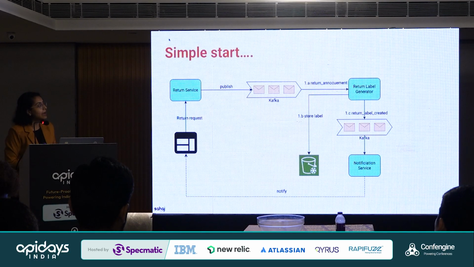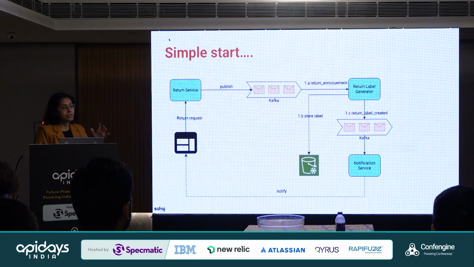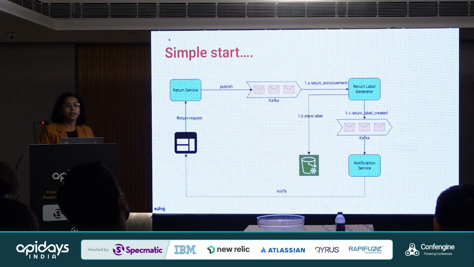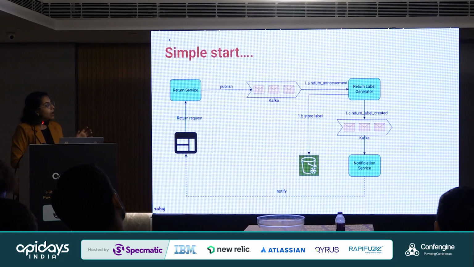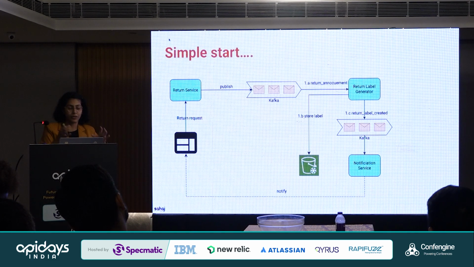And then the Kafka event, which was the return announcement event, was consumed by the return label generator, which then generated the label and stored it in S3. Once the label was generated, a notification message about the generation of the label was sent, which then notified the customer that things are working fine. You have got your label and you can use it.